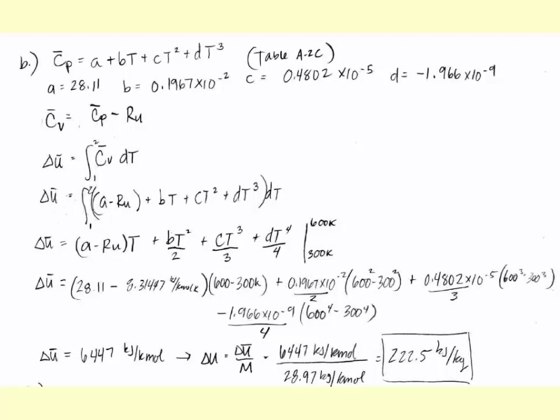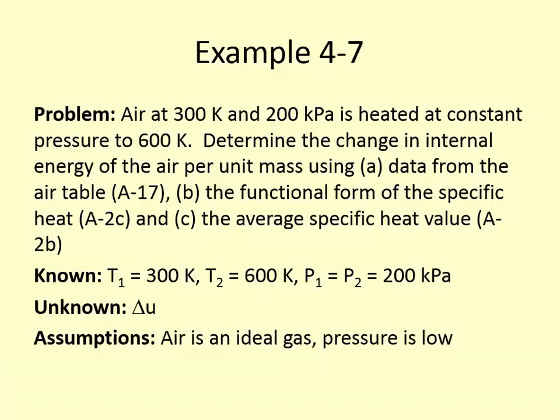So 6,447 kilojoules per kilomole divided by 28.97 kilograms per kilomole. So then the kilomoles cancel out, and that gives me 222.5 kilojoules per kilogram. So pretty close to this tabulated value, right?